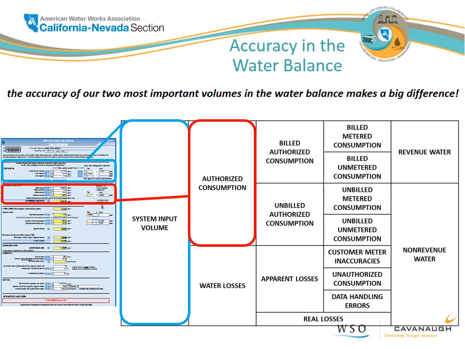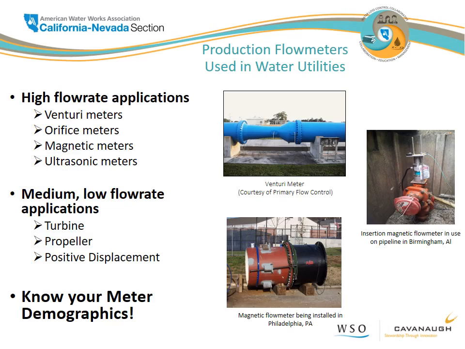So let's examine some of the things that can introduce inaccuracy or error into those two numbers, just so we've got our radars up for the types of issues that can come into play. Starting with system input volume, of course, we measure those with supply meters, and those supply meters can come in all shapes and sizes.